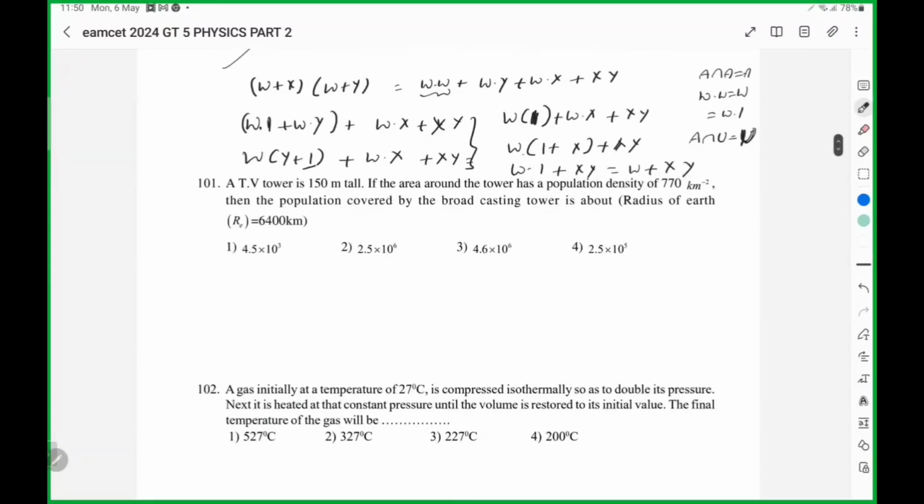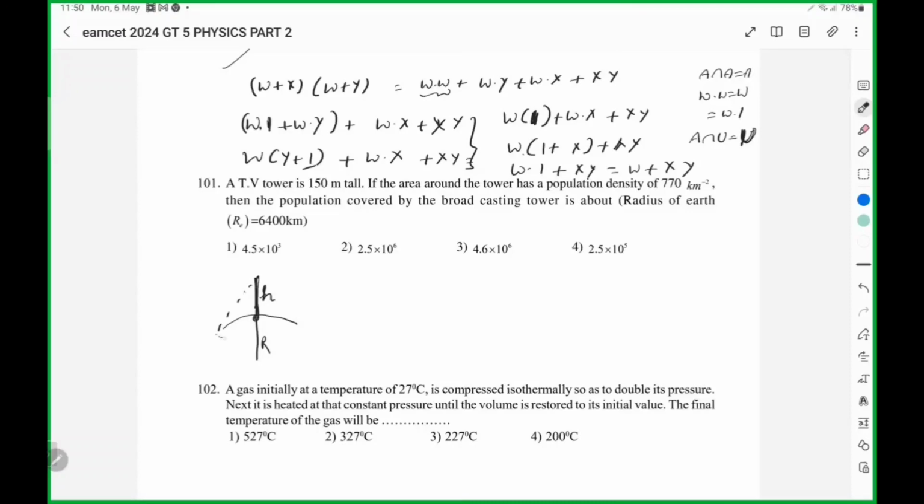Here, this particular problem is important. So this is the Earth surface and an antenna. The height is, let us say, H, and the radius of the Earth is R, the height of the antenna.